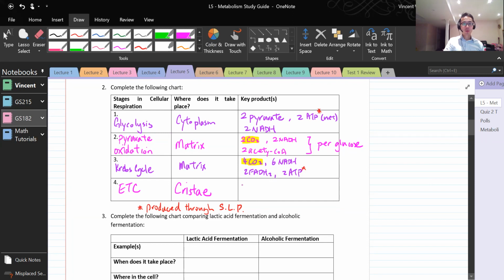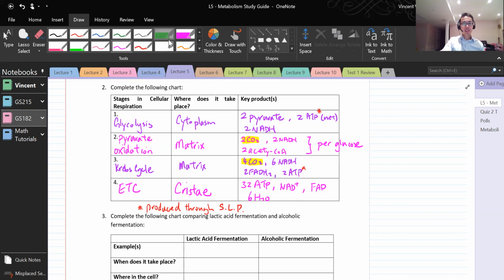And that will produce up to 32 ATP. We're going to be regenerating some of the NAD+ and FAD, so these could go back to the first 3 steps to pick up even more electrons for the next round. And we will be producing 6 H2O.